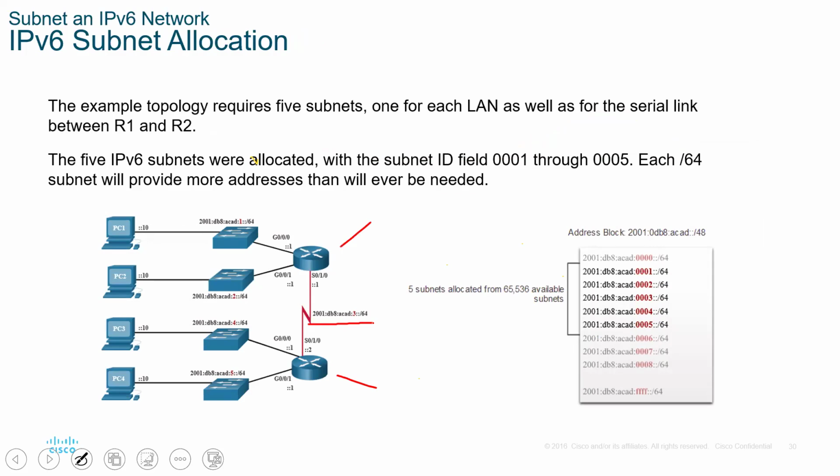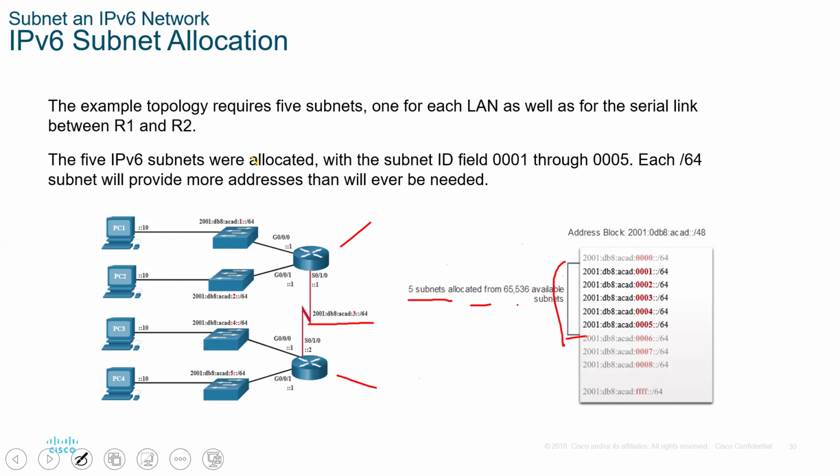And you see in IP version 6, we're using /64 all through, right? So if we're using 5 subnets, all you need to do is pick the first 5 addresses and then allocate. You don't need to start breaking the subnets like we did in IP version 4.